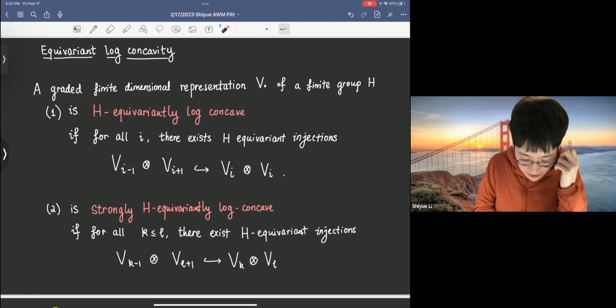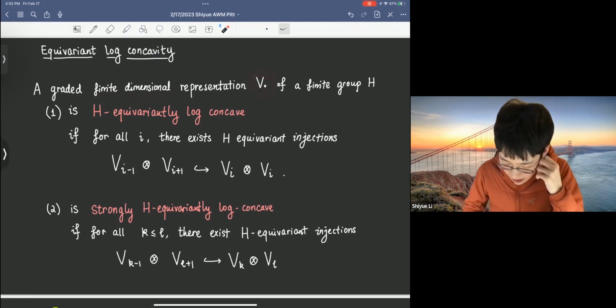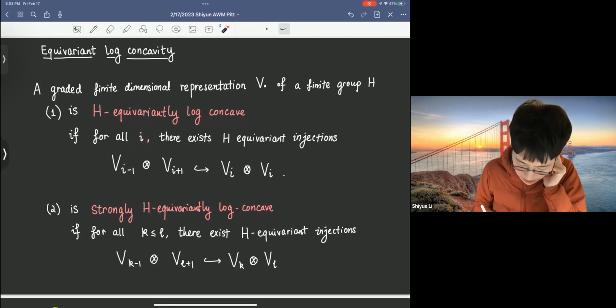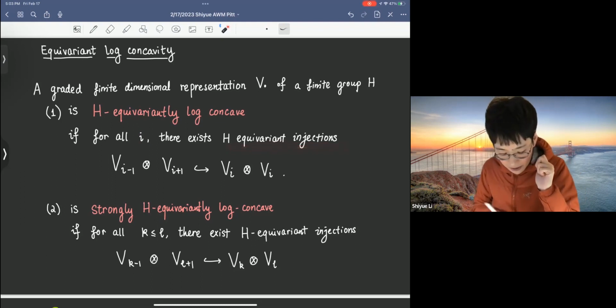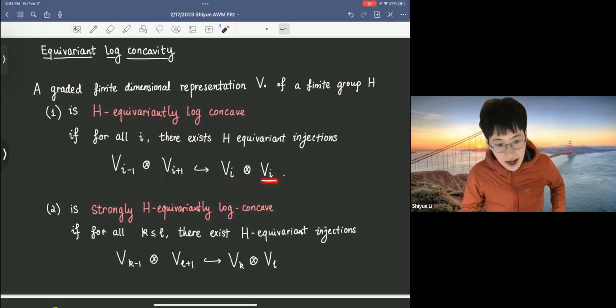You start with a graded finite dimensional representation, which I denote as V dot, that is a representation of a finite group H. And we say that such a graded representation V is H equivariantly log concave if, for every degree piece, there exists an H equivariant injection from the tensor product of the i-1 degree piece with the i+1 degree piece into the ith degree piece tensor with the ith degree piece.